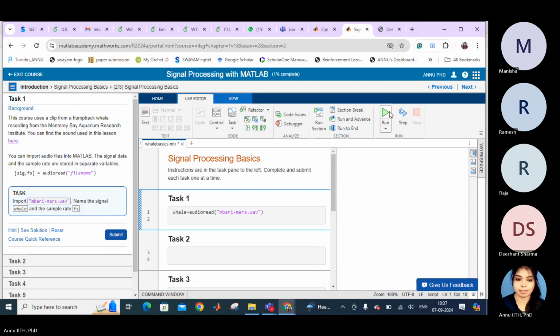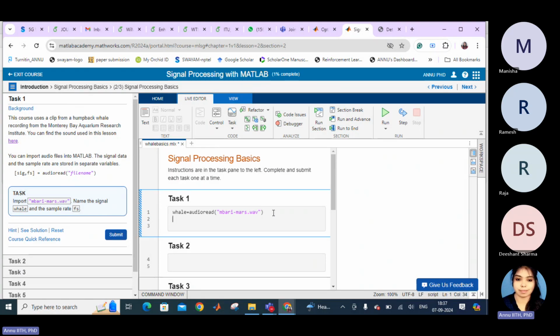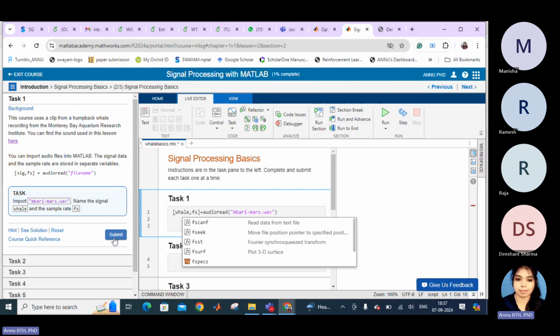Okay, that's cool. So again, now we have to store that. MATLAB is actually fun.